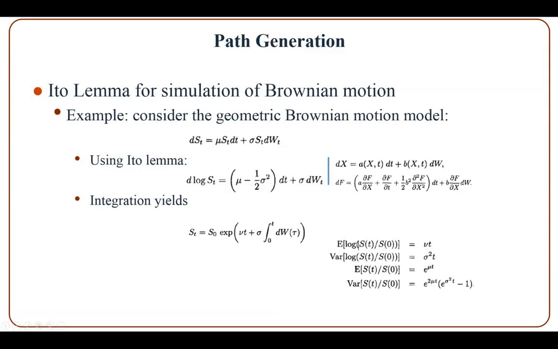And the second derivative of log of St with respect to St gives negative of 1 divided by St squared, and that cancels out the other St squared, and finally you have just 1/2 of sigma squared. And the derivative of log of St with respect to t is 0. And from there, taking the integration of both sides, we have this.